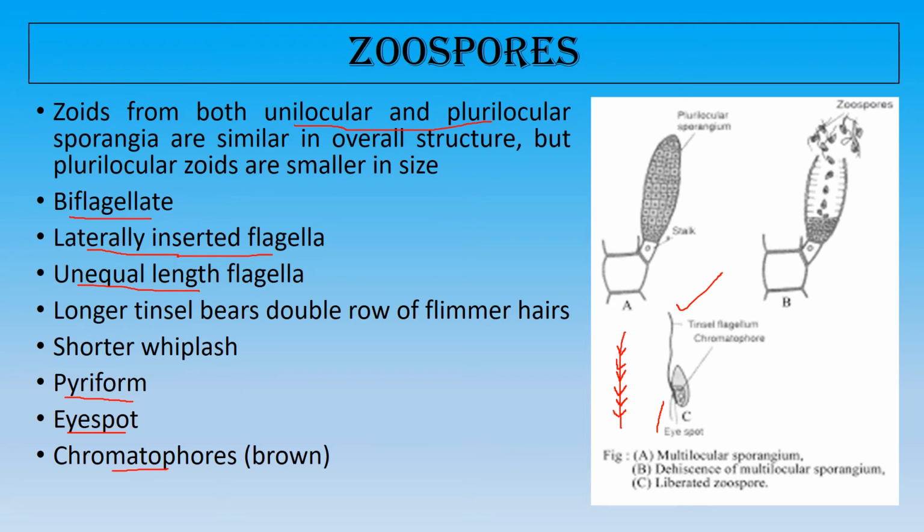Apart from that, the structure of the zoospore contains a chromatophore and an eye spot. The eye spot is very close to where the flagella are inserted, or where the flagella originate.